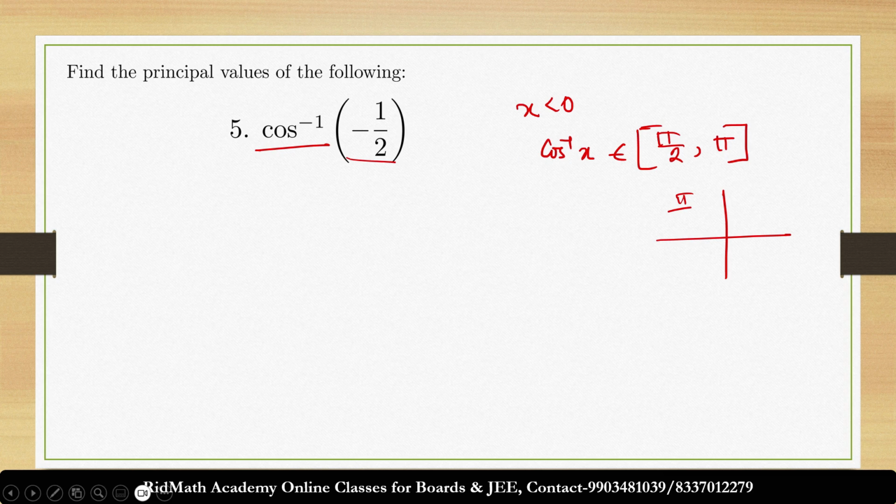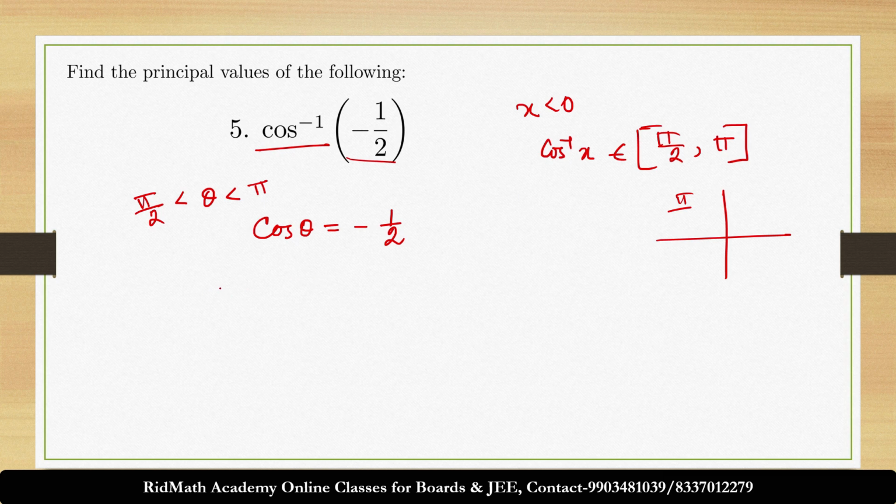So we have to find a theta which is greater than pi by 2 and less than pi, and cos theta equals minus half.